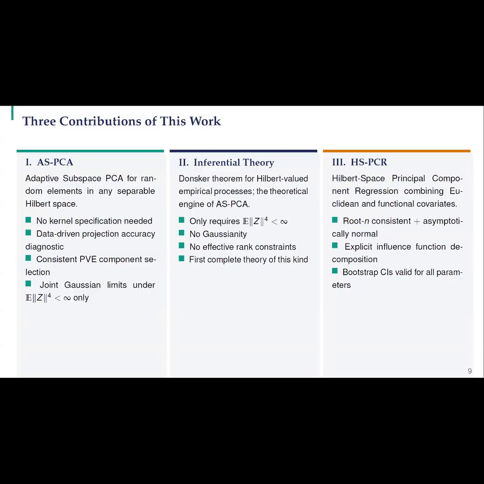It requires a 4th moment if you're looking only at one covariate, but if you have many and interaction terms, it turns out that you just need certain moments to exist. It's a little bit more of them when you have interactions. We don't require Gaussianity. There are no rank constraints per se. And as far as we know, this is the first complete principal component theory of its type for this general setting.